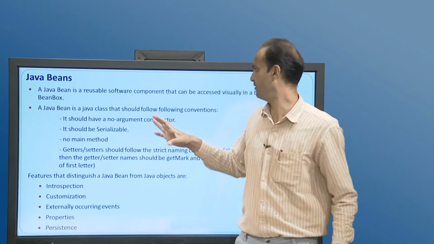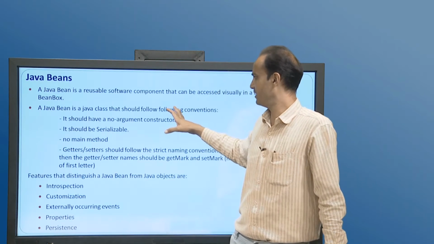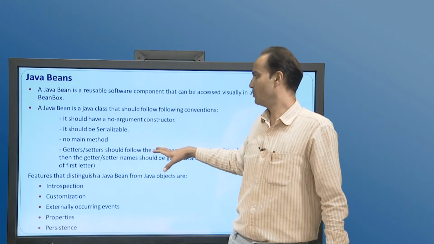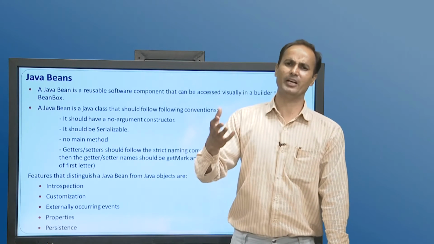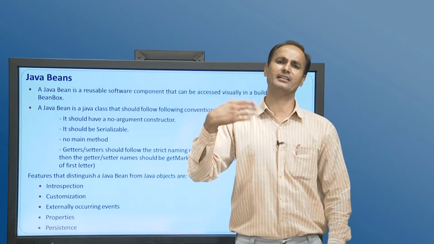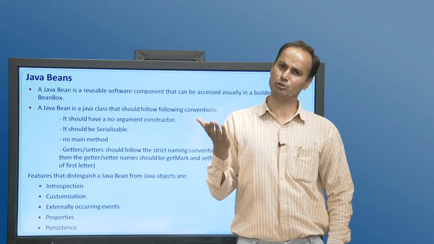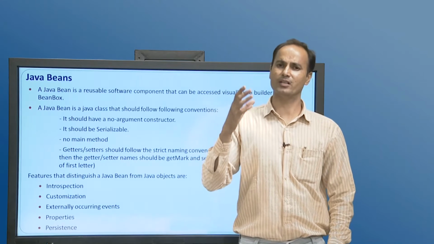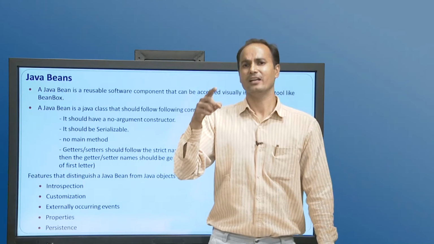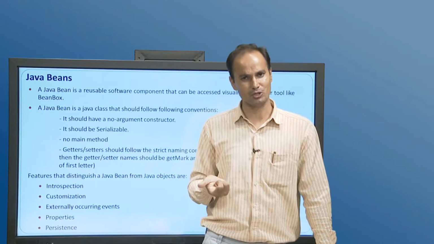Second, it must have a zero argument constructor, a no argument constructor. It should be serializable. Then there should be getters and setters. This is a naming convention. If you are declaring variables in a program, integer number 1, integer number 2, then for number 1 and number 2 you have to provide getter and setter methods like getNumber1, setNumber1, getNumber2, setNumber2.